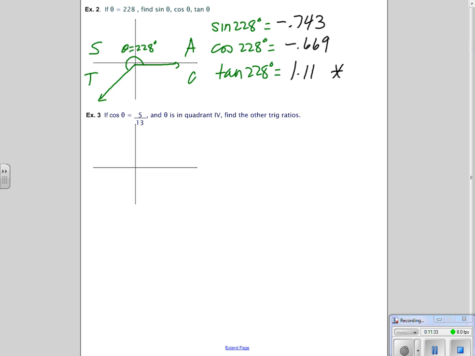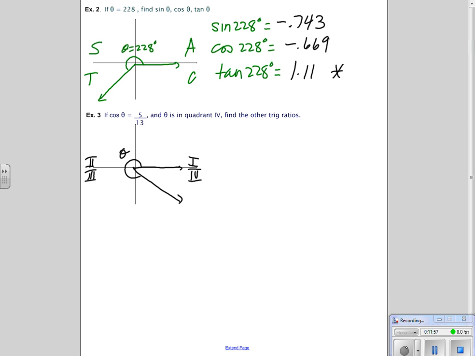If cos theta equals 5 over 13, and theta is in quadrant 4, so 1, 2, 3, and 4. So I'm going to draw it. First of all, we have an angle of rotation that has landed us in quadrant 4. Theta.